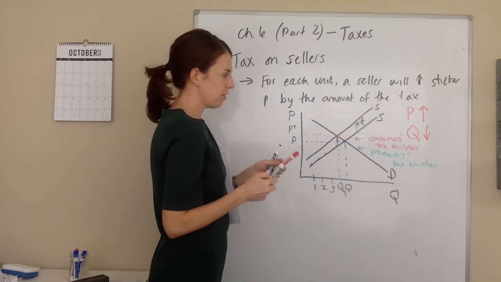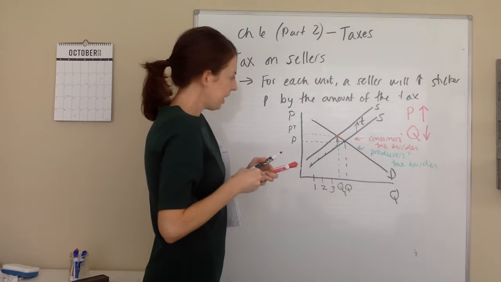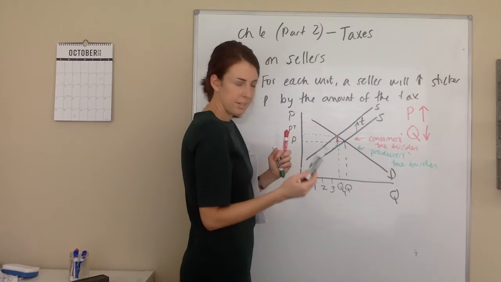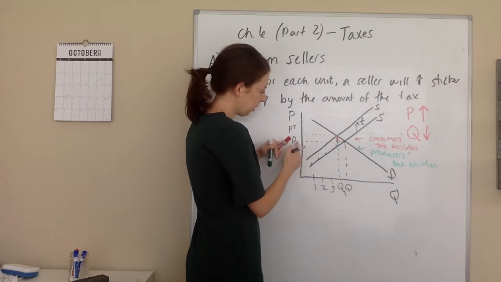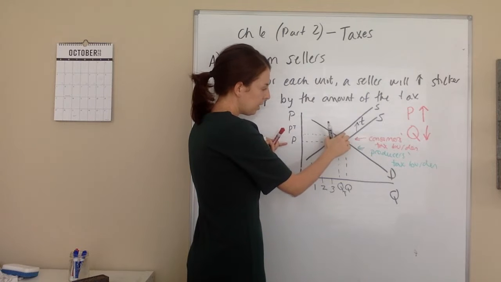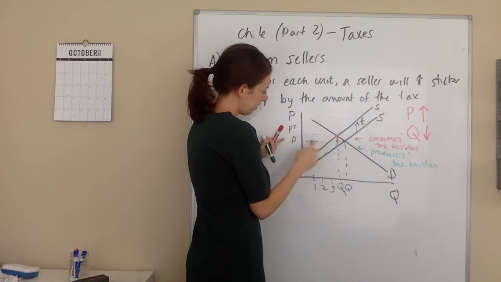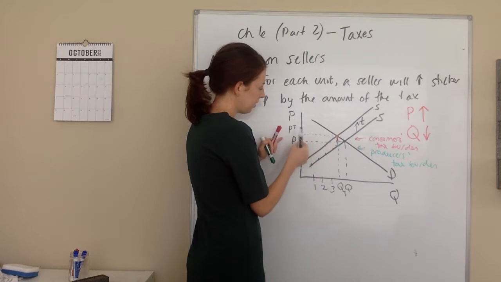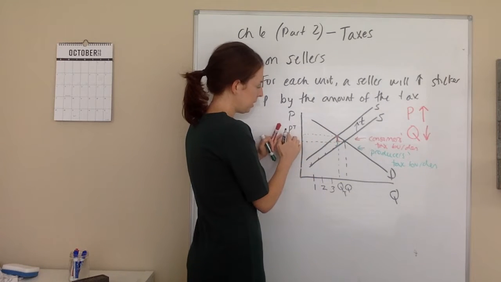The intuition for why this is the producer's tax burden: the idea is, I'm Publix. Originally I was selling each bottle of Coca-Cola for P. Now I'm selling it for higher, but after the market shakes out, the new equilibrium price is going to be PT.